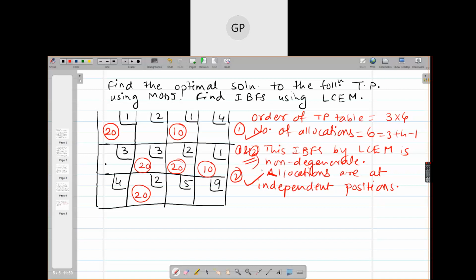You have to make sure of this, otherwise it will create problems regarding optimizing it. You will not be able to find out UIs, VJs and DIJs if you don't have exactly m plus n minus 1 allocations. This is the main reason of obtaining a non-degenerate solution.